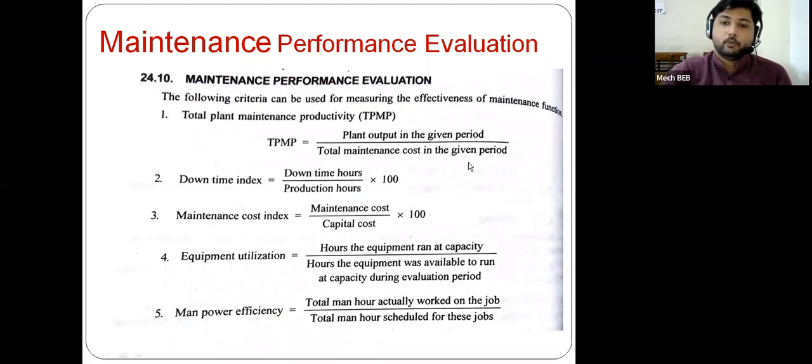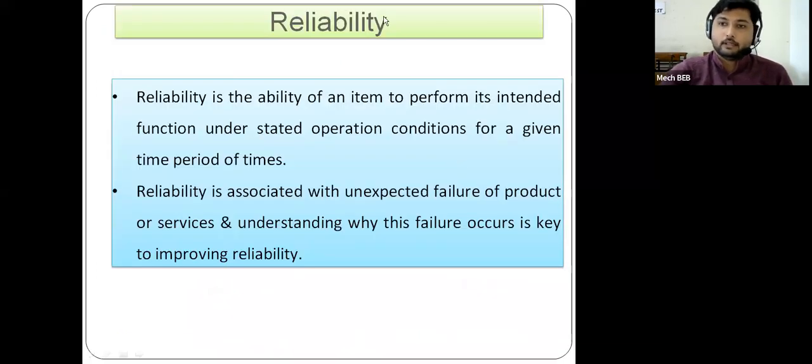Now the next point is reliability. Understand this reliability concept very well, because it will be useful in most of the manufacturing industry and also the service providing industries. How reliable one product is, the determination of that is considered to be reliability.